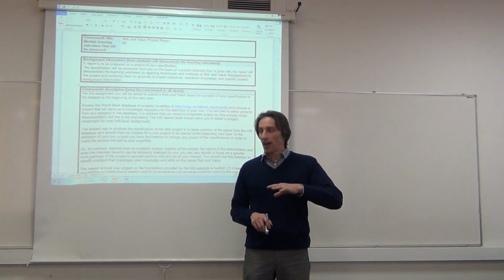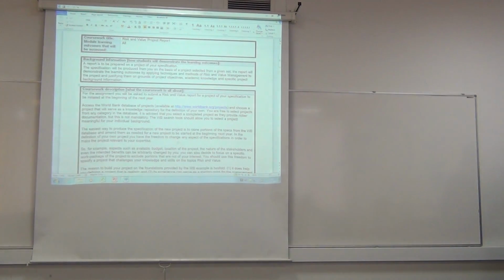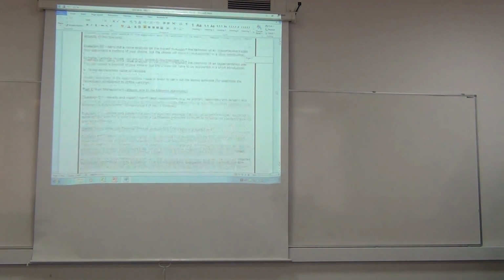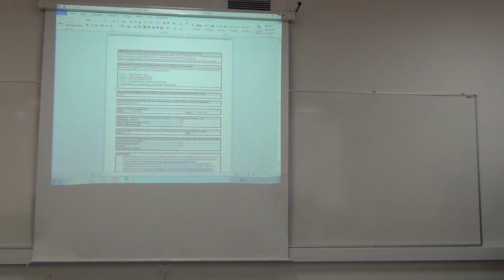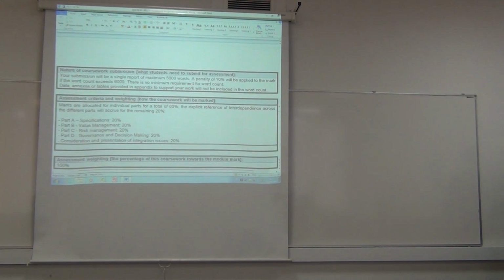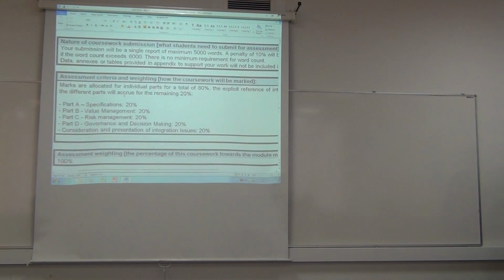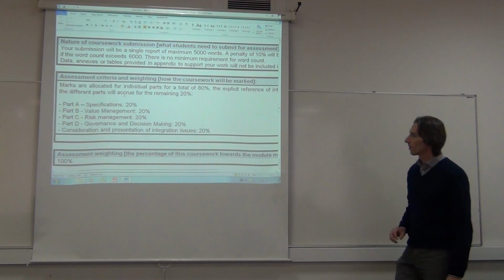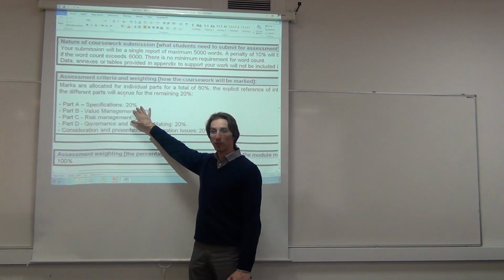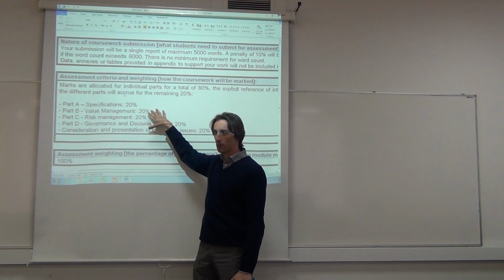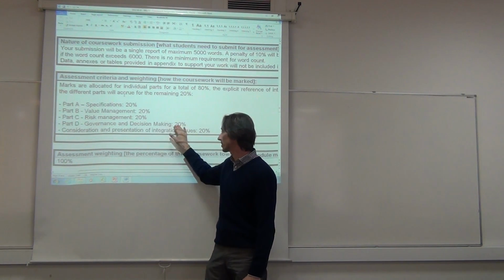So if you look at the profile of the marking scheme, part A will carry 20% of the marks. Part B, another 20%. Part C, another 20%. Part D, another 20%.